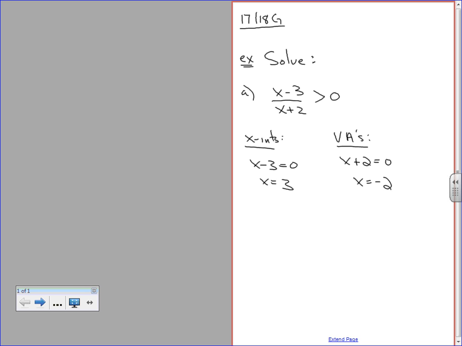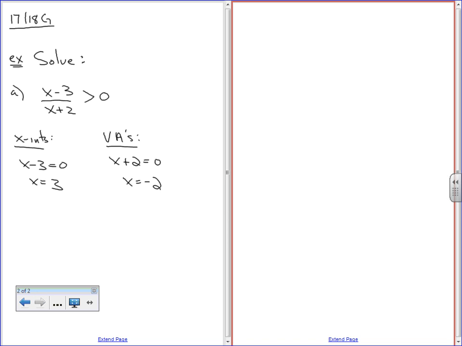So those are the two spots where the function can change from a positive to a negative or a negative to a positive. So what we're going to do now is do an interval chart, much like we did for the polynomial inequalities we did in Guide 5. So we're going to figure out from one side all the way to the other side, so from negative infinity up to my first value, which is -2.